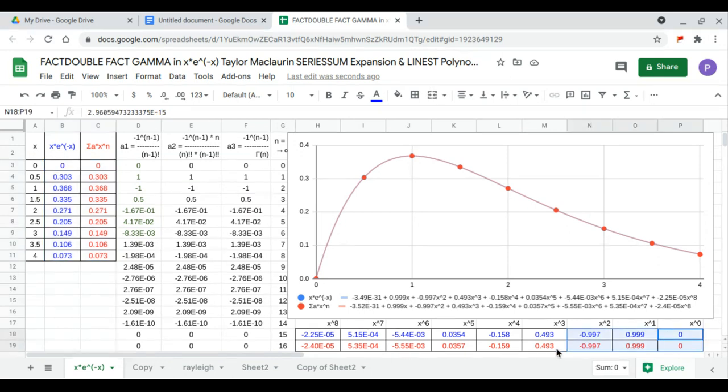And the polynomial regression coefficients are still the same. So there's just a slight error here. This completes the use of factorial, double factorial, and gamma in the Taylor-Maclaurin series sum expansion of this function x times e to the minus x.